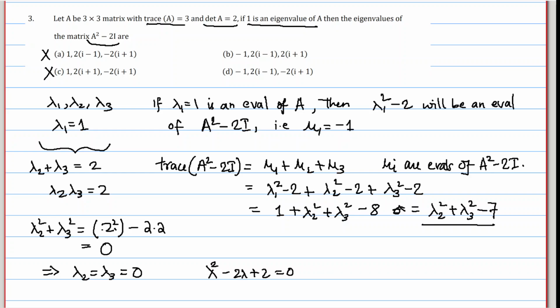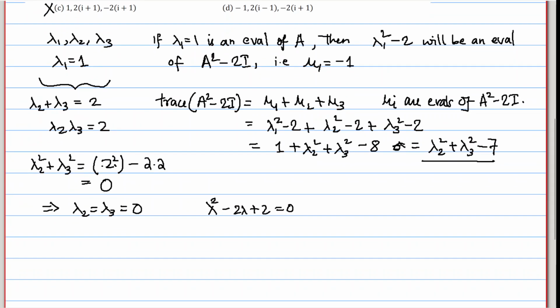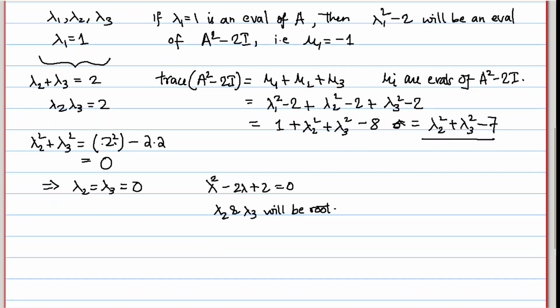Lambda 2 square minus 2 will be one eigenvalue, and lambda 3 square minus 2 will be the other's eigenvalue, correct? So the roots of lambda square minus 2 lambda plus 2 will be lambda 2 and lambda 3. Now, lambda 2 will be the root, so it will satisfy, correct?